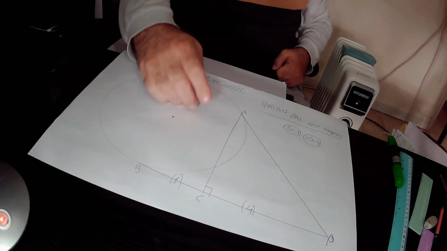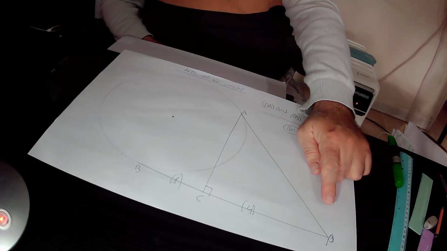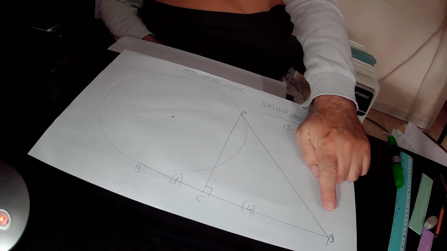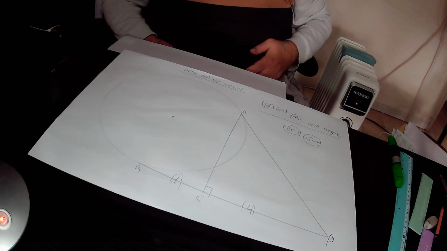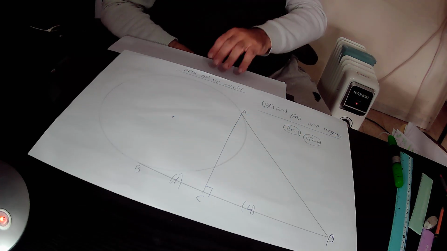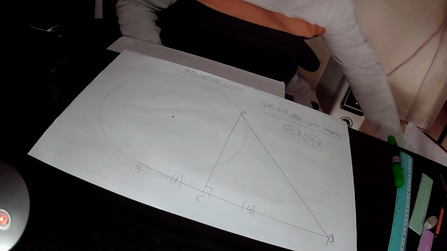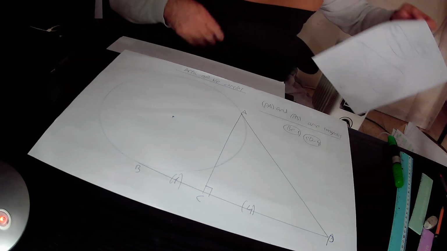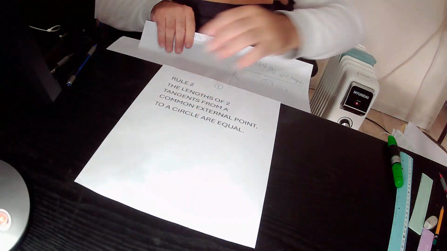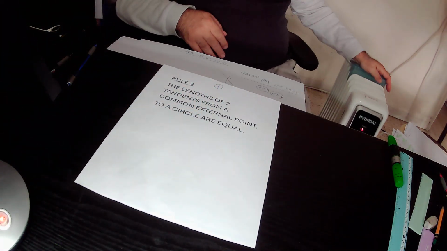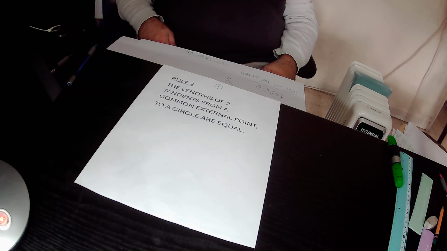In addition, from the common point, point P, we have two tangents to this circle, tangent PB and tangent PA. So therefore, we can implement here rule 2. On page 15, according to rule 2, the lengths of two tangents from a common point to a circle are equal.